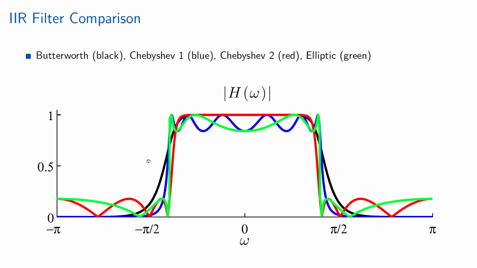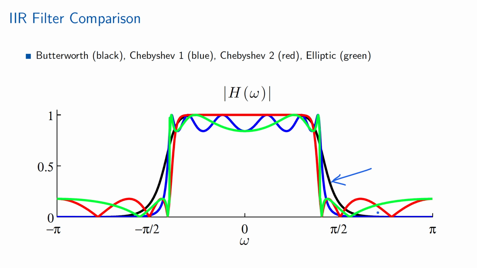So here's a quick comparison of all of these filters overlaid with each other, and you can see very nicely whether these filters have oscillations in the passband, oscillations in the stop band, and also you can see that the Butterworth has by far the most gentle transition from passband to stop band.